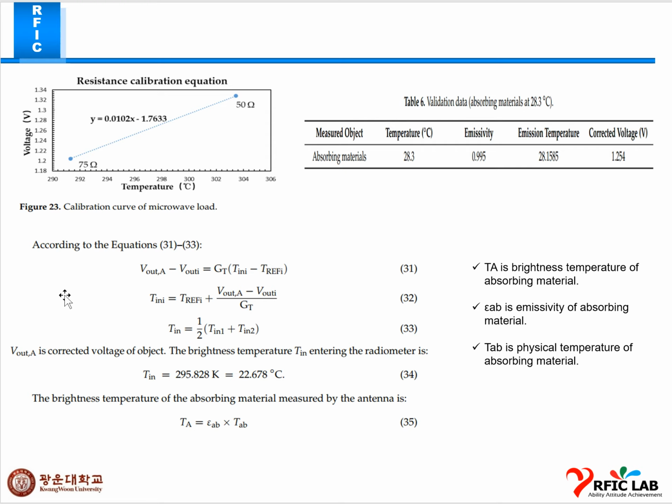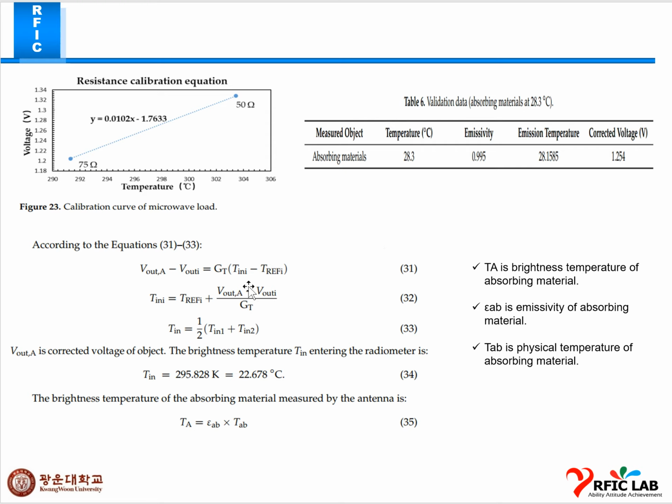This is the formula for plotting this curve, and of course, for validation of data, material at 28.30 degrees Celsius, what will be the temperature, the specific temperature, and the corrected voltage.